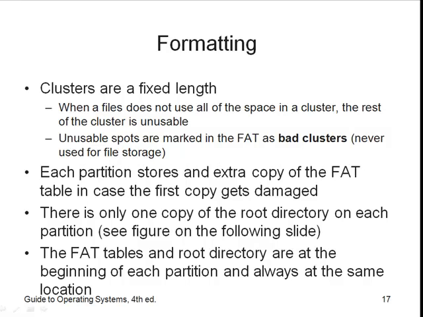Now, each partition stores an extra copy of the file allocation table, FAT table, in case the first copy gets damaged. There is only one copy of the root directory on each partition, and the FAT table and the root directory are at the beginning of each partition and always in the same location for consistency's sake.